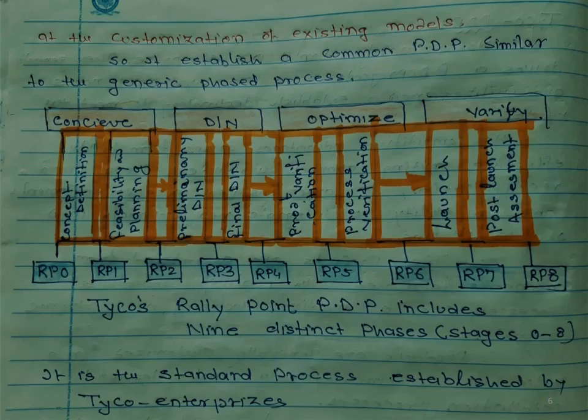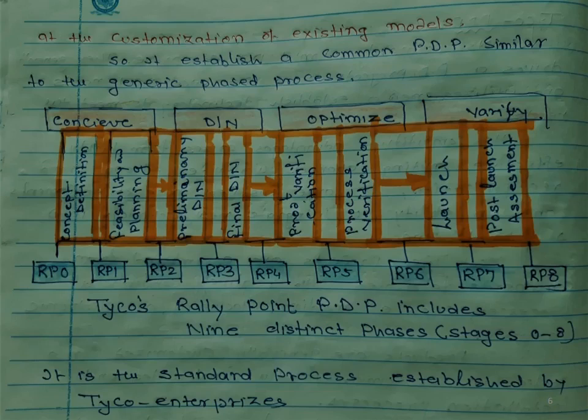After that, they make the preliminary design of the product, customized products, review and assess every design, and finally when all the needs and expectations of the customers are fulfilled, they make a final design. Then go for the optimization.